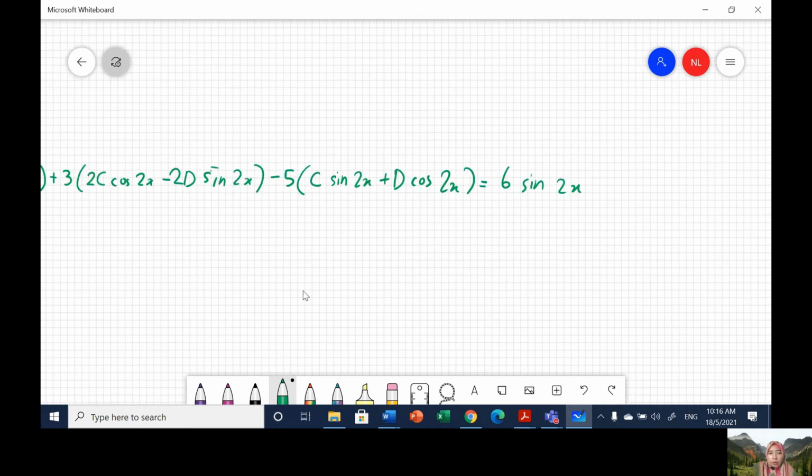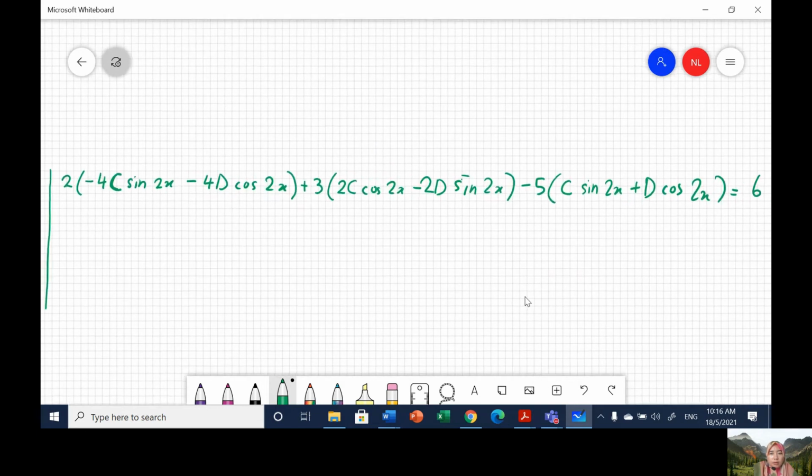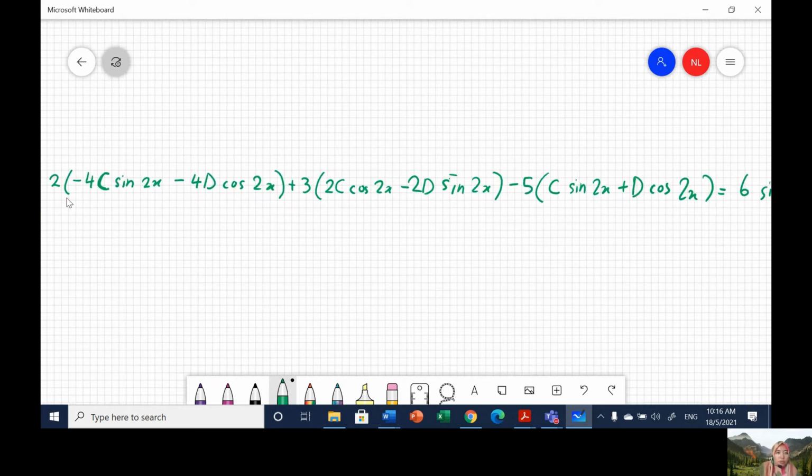Okay, so I'm going to proceed at this part. We're supposed to open the bracket, so there will be constant times constant, yeah? So we just times out this one. Then we have negative 8c sin 2x. Then times this 2 and negative 4, we have negative 8d cos 2x.